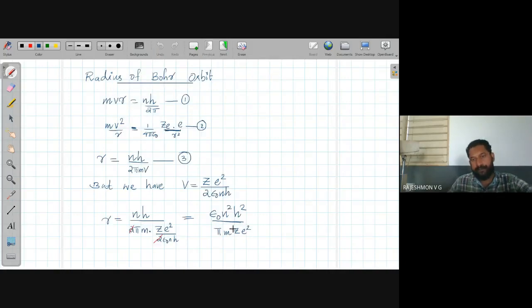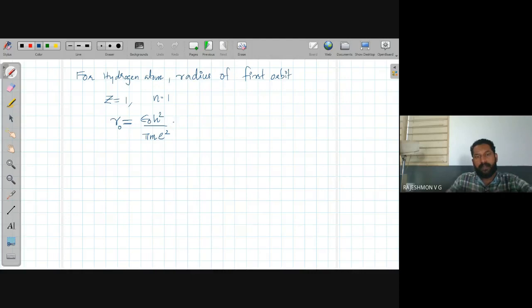If you substitute the values of epsilon 0, h, pi, m and e, where m is mass of electron, you will get it as something like 0.59 nanometer. So this is the radius of first orbit of hydrogen atom.